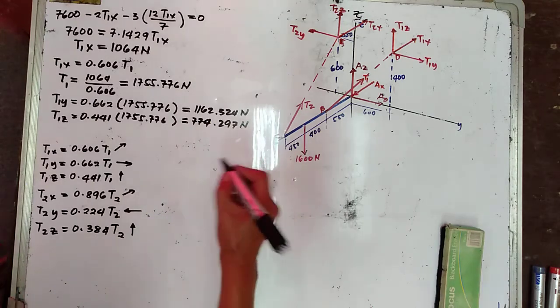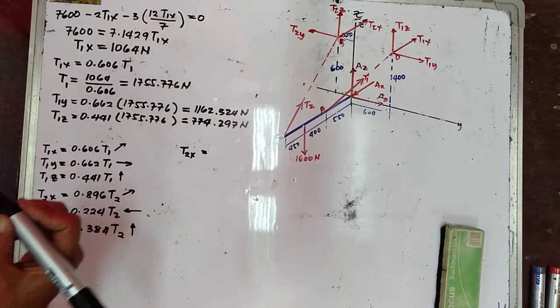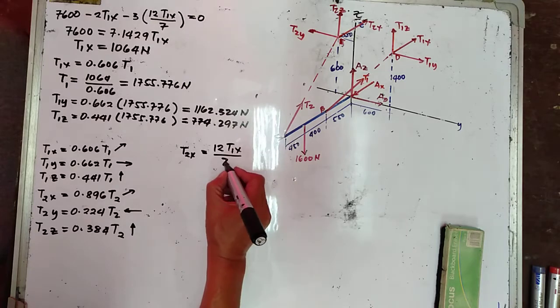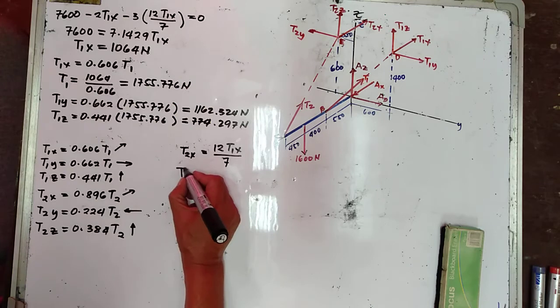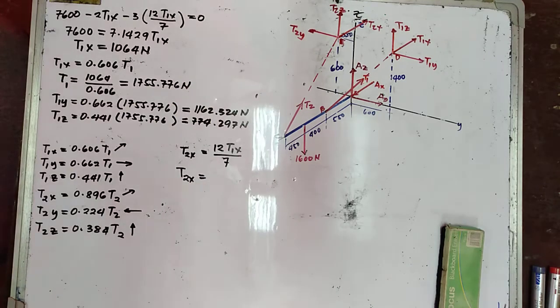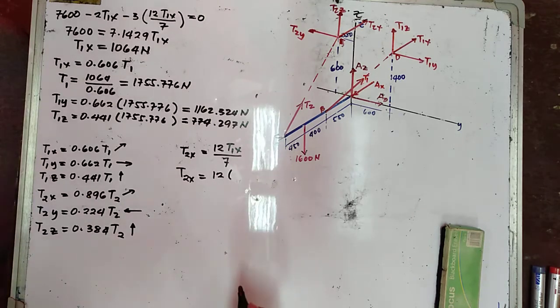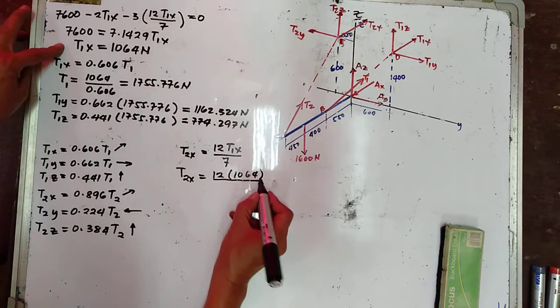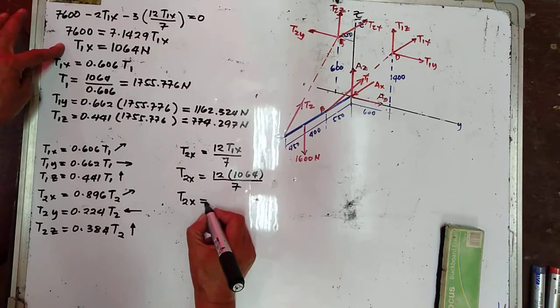Now, let us substitute T1X in this equation. From the equation, your T2X is equal to 12 T1X all over 7. Hence, your T2X is equal to 12 multiplied by T1X, which is 1064 newtons, all over 7.